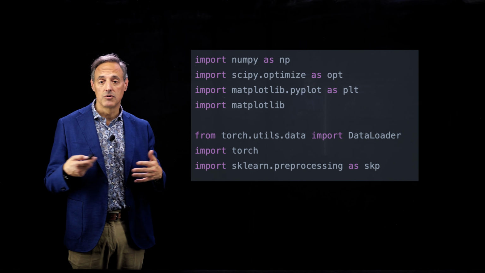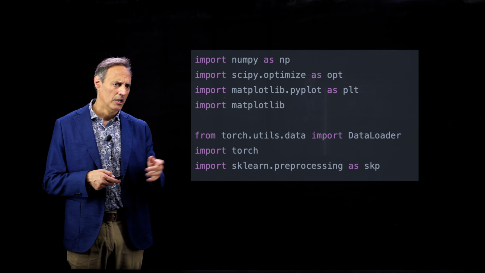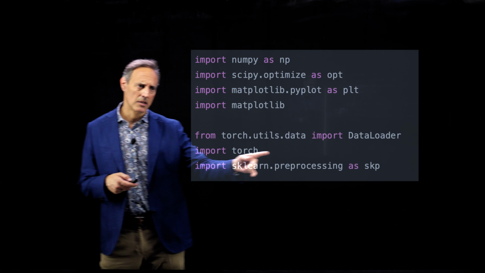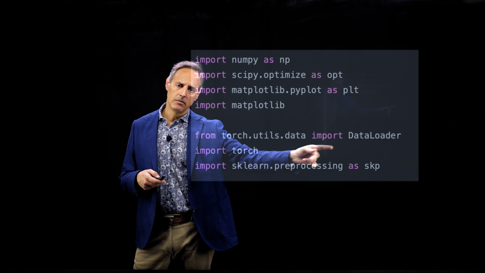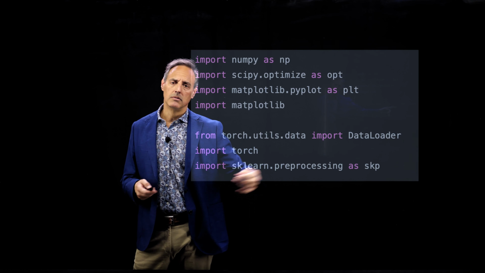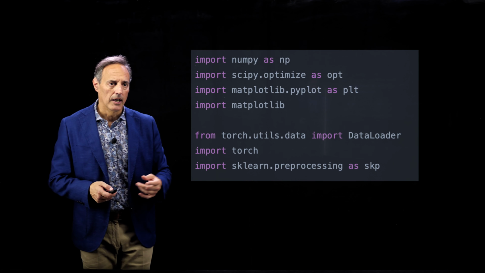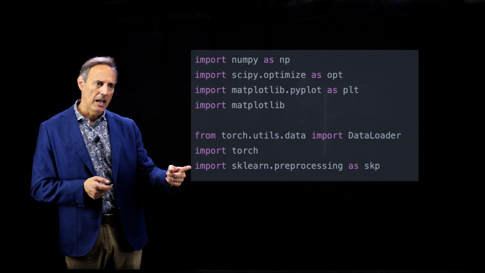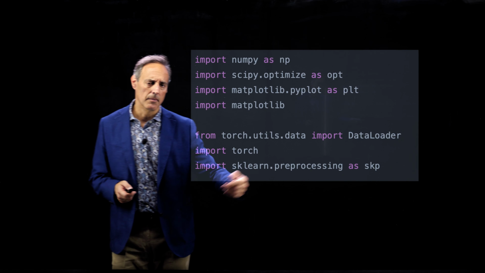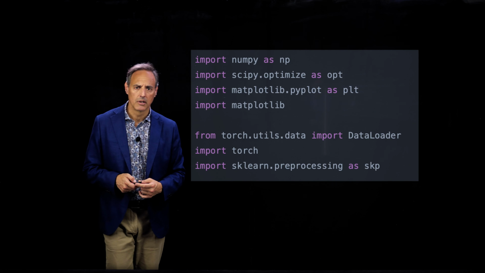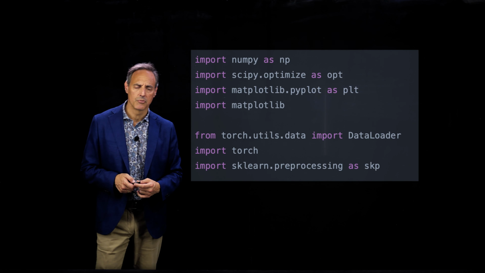And it directly interacts within your Python framework. So here we go, from torch utilities I'm going to import DataLoader. What we've got to do is, when we bring in our data as an NP array, we've got to turn it into a torch object, okay? So we're going to import torch itself, and from scikit-learn some other functionalities that we'll be using as we go along. These are just all the preambles of imports that we want to bring in.